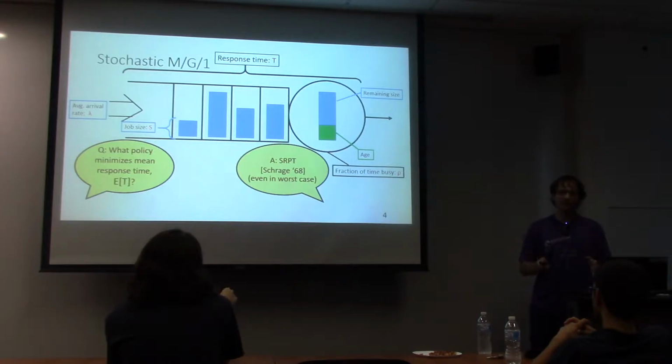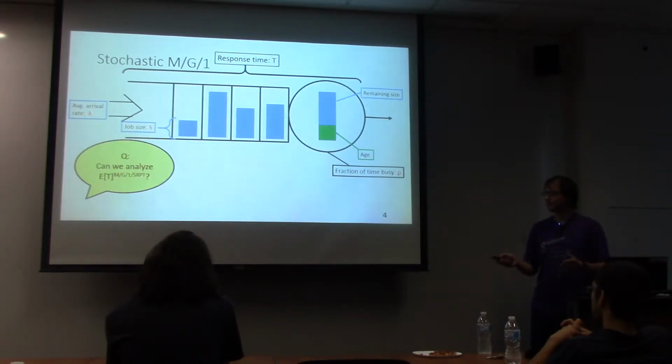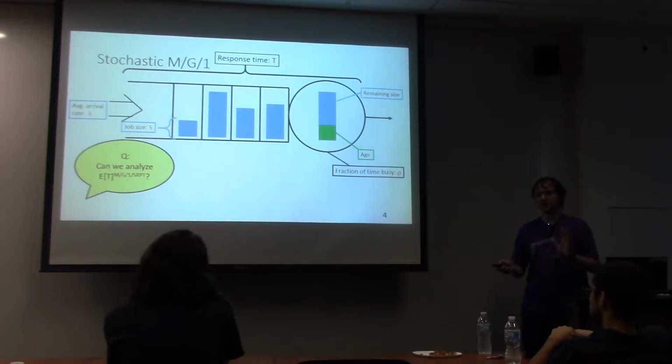But returning to our stochastic setting, there's another question we can ask, which is, can we analyze the mean response time over all jobs of this SRPT policy? What do people think? Is that possible, or is it just going to be completely intractable?